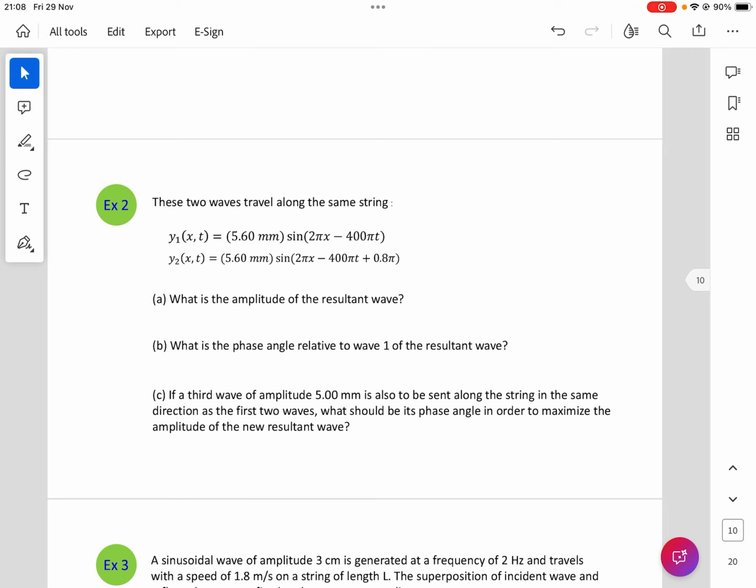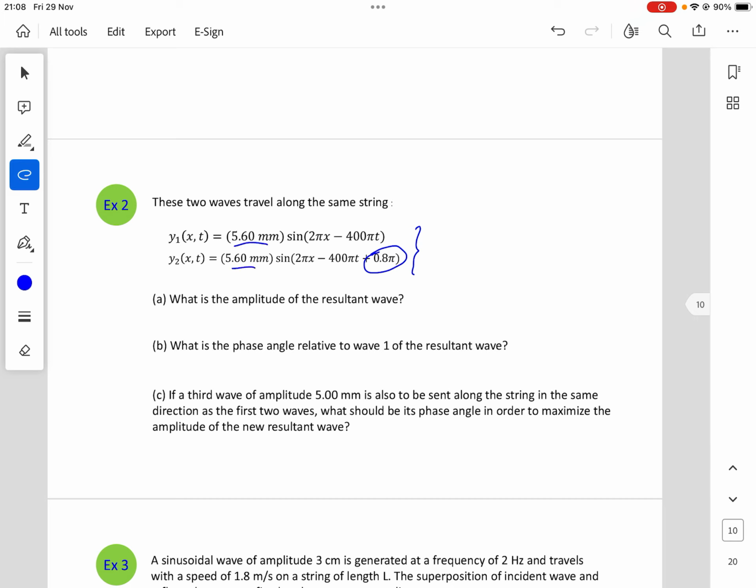I give you one example of the exercise. You have two waves like this. This is still in the sine form, and you know the phase difference is 0.8 pi, right? You get two waves with the same amplitude, same wave number, same omega or angular frequency.